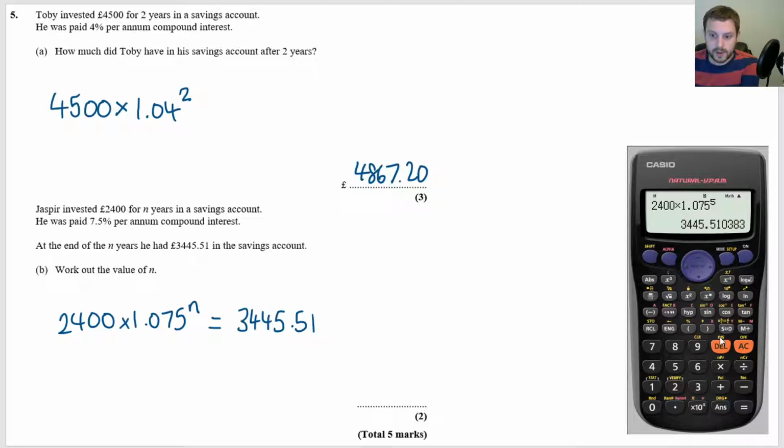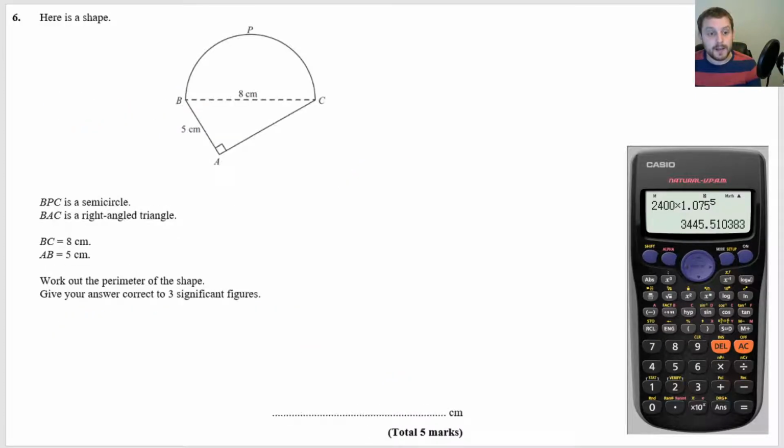So it must have been after 5 years. Right, so there are actually more advanced methods to solve an equation like this, but not that you would do at GCSE. So in that situation, you are just using trial and error on your calculator. And of course, you could have gotten lucky and guessed 5 to begin with, and then you'd have been done straight away. Right, number 6.